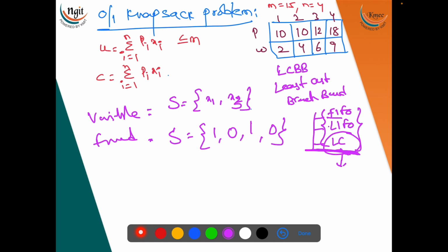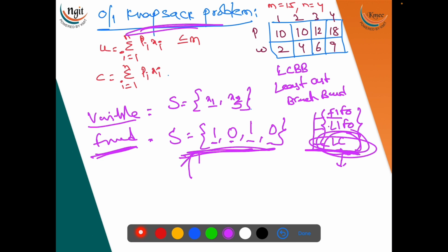Whichever object is placed in the bag, for that object we place a 1. So this is going to be our solution. You can use variable size or fixed size. I am going to take the fixed size solution method. Now I am going to solve this problem in this form of solution using LC branch and bound.